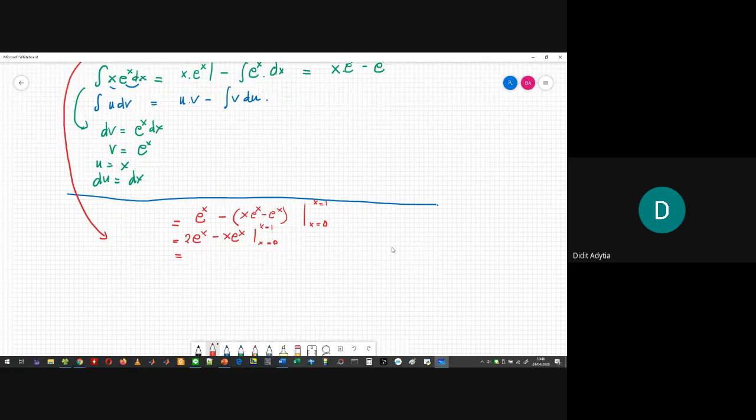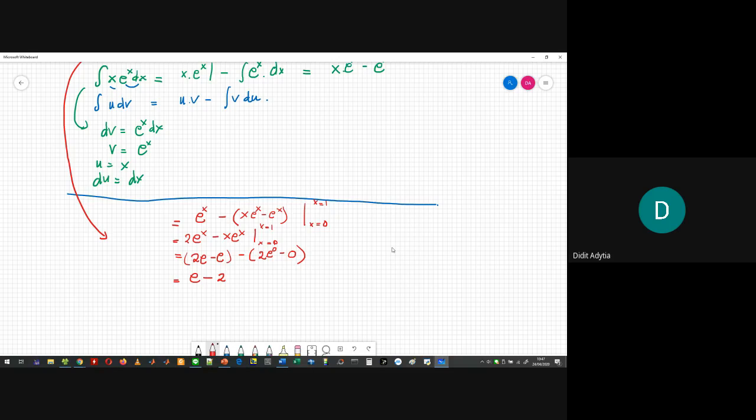So we have, what do we have now? 2e minus e. Ini yang pertama. Yang kedua adalah 2 times e to the power of 0 minus 0. So that we have, this is e minus 2.